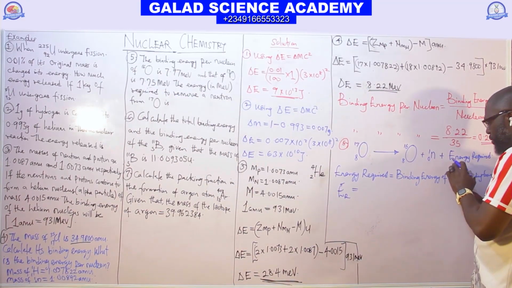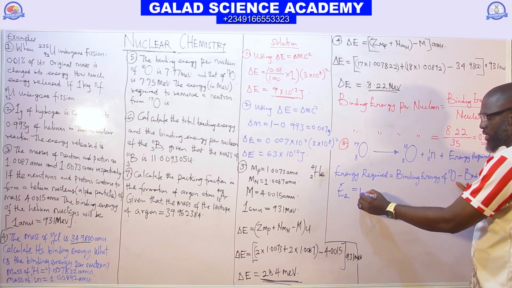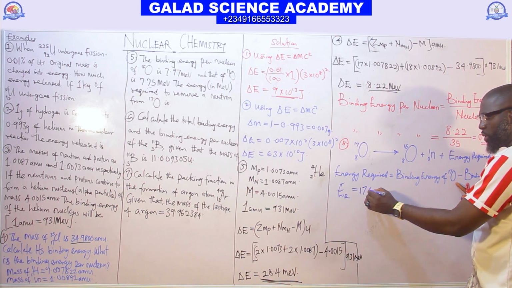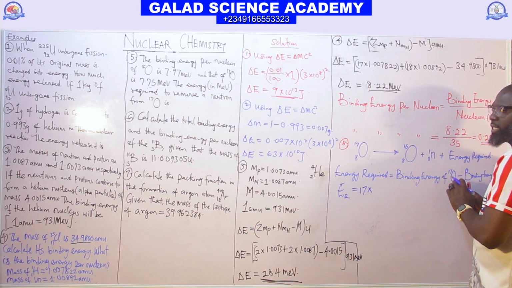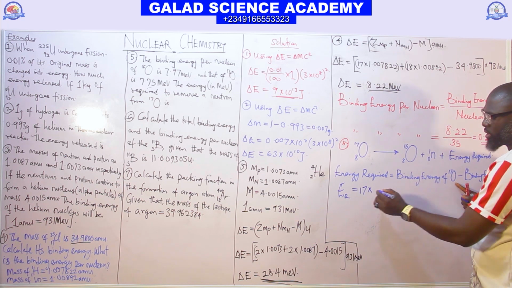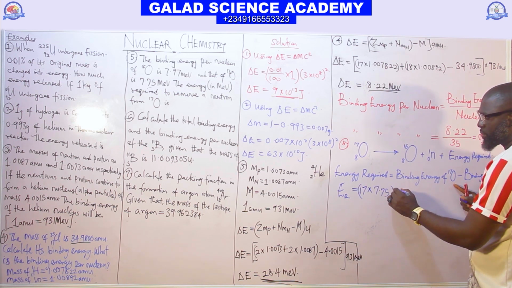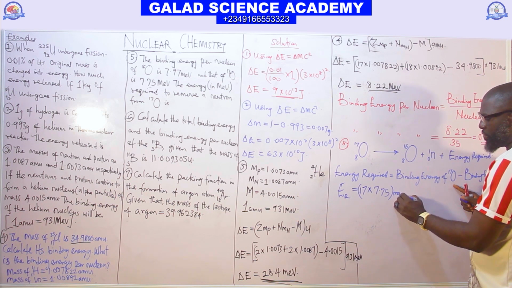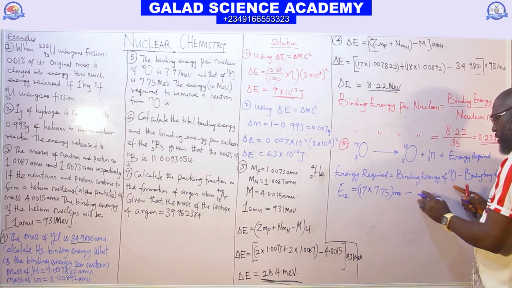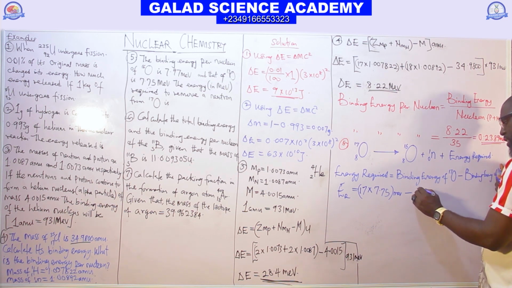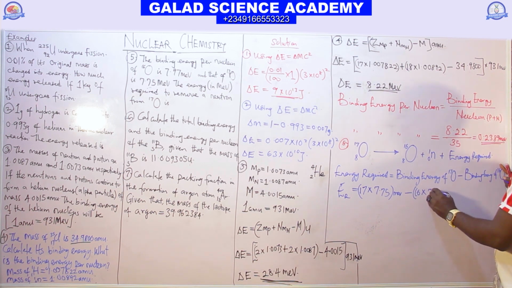So the mass number here is 17. 17 multiplied by the binding energy we have here, which is 7.75 MeV, minus the binding energy of oxygen 16. 16 multiplied by the binding energy of 16, which is 7.97 MeV.